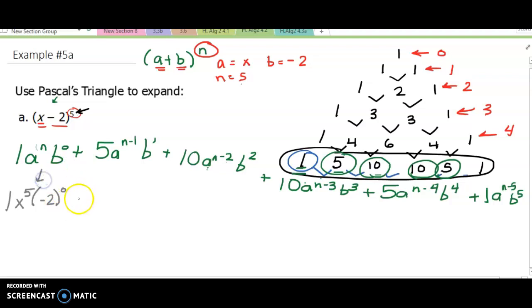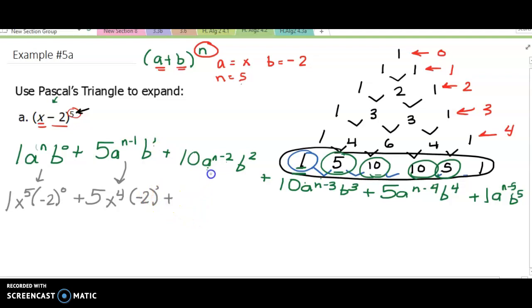Plus, now I'm going to do this one. I have my 5a to the n minus 1, so 5 minus 1 is 4. Or you can think about it, the exponent of x is going down. We are plugging in x for a. And then we have -2 to the 1st power.